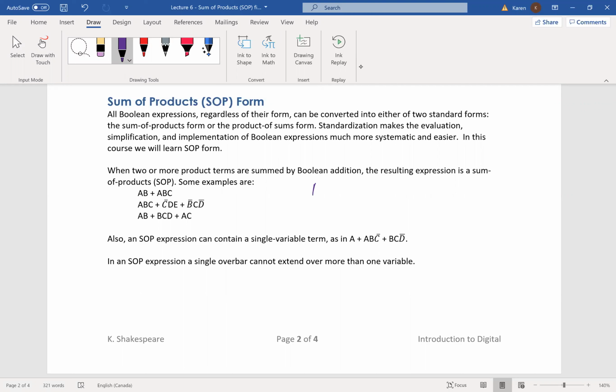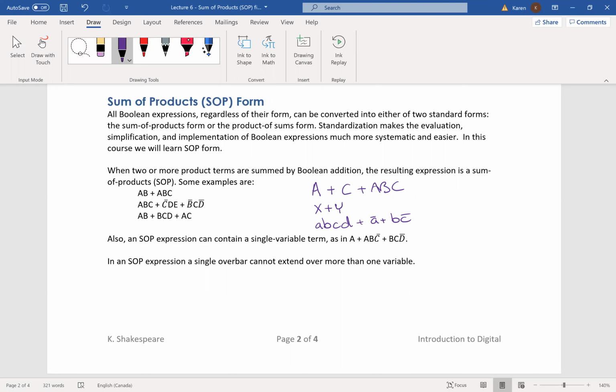So even this is sum of products form, or this is sum of products form, or this is sum of products form.